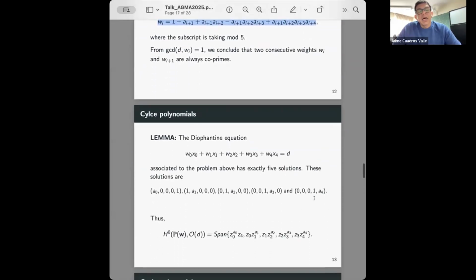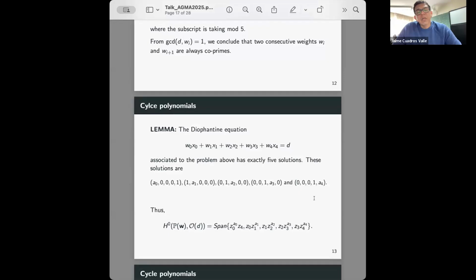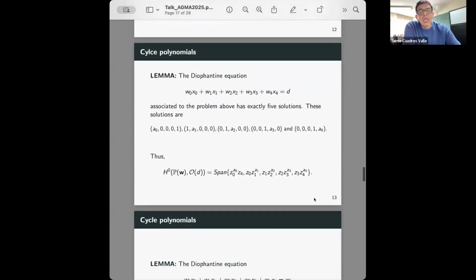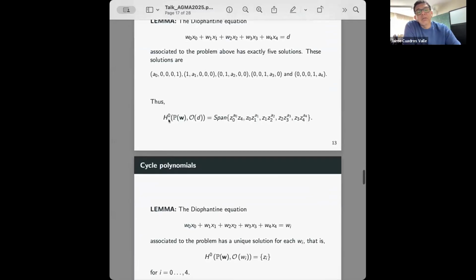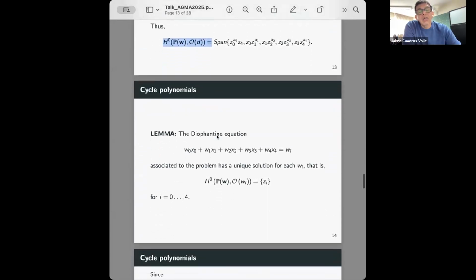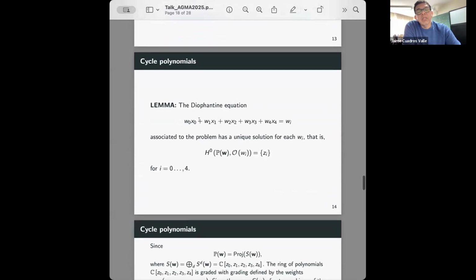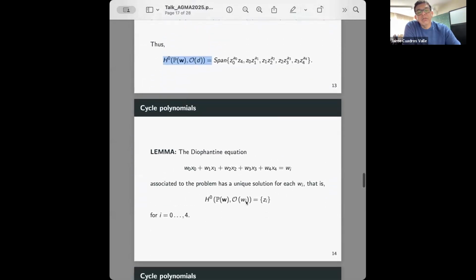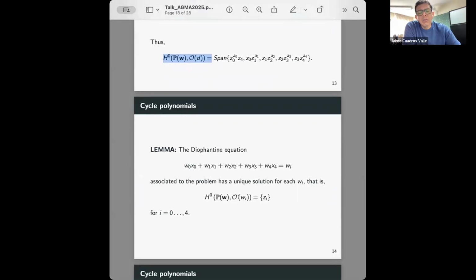Thanks. And then with these conditions, we are able to find the solutions for this problem in the cycle case. And actually, we are able to find explicitly the generators of this set. And also remember, we need to do it not only for D, but also for the W_i, sorry.